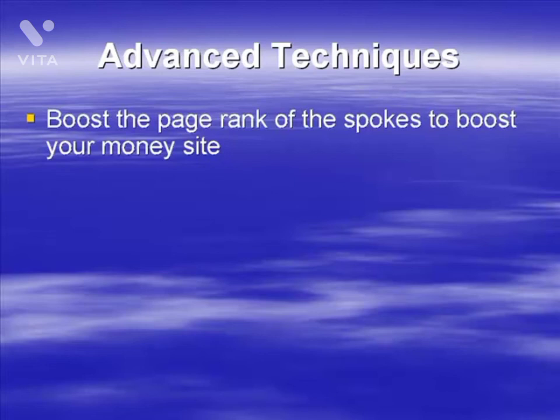And you will find that, out of the top 10 results, you may own 6, 7, or even 8 of them, or perhaps more, which means that pretty much whatever anyone clicks on, they're coming through to one of your sites. That gives you a massive chance to earn. If you own 1 of the top 10 results, you have effectively a 10% chance of getting a click-through. If you own 8 of them, you have an 80% chance of getting someone to one of your sites. So you can see it's very powerful to have that domination of the search engine results.